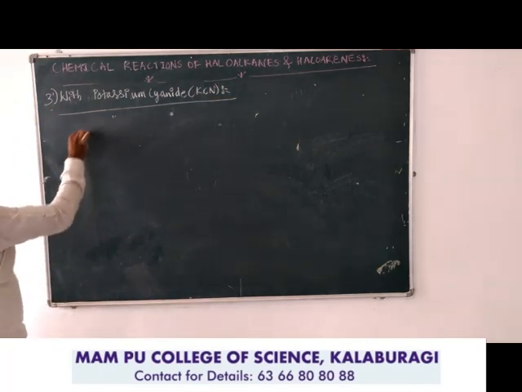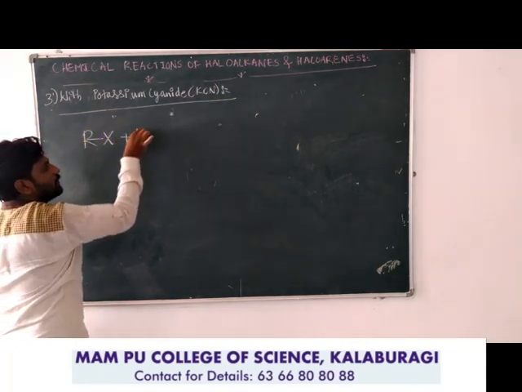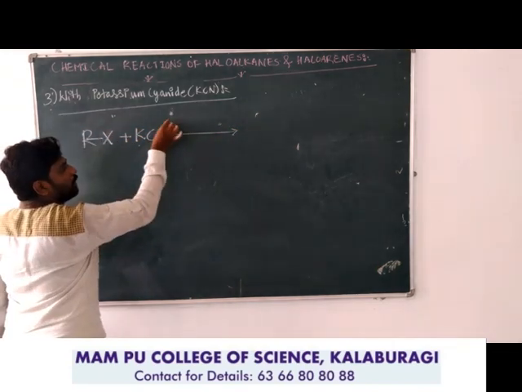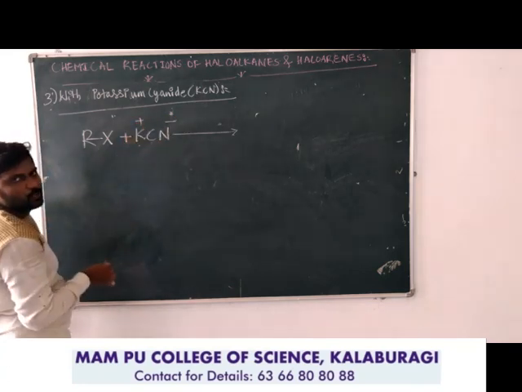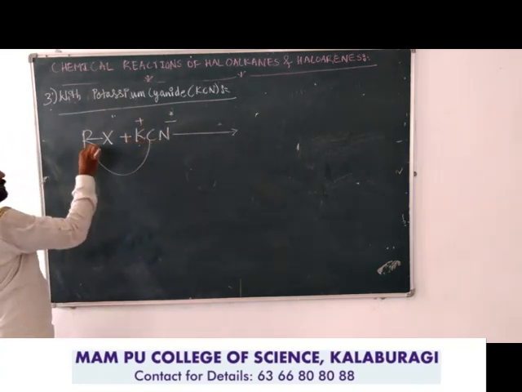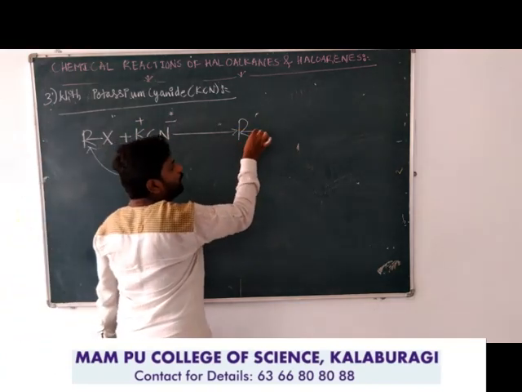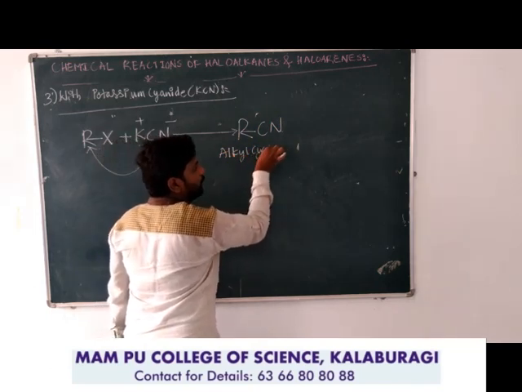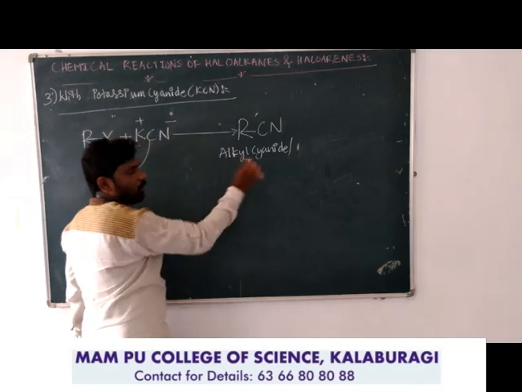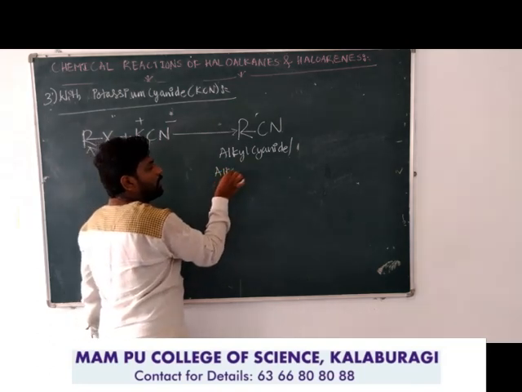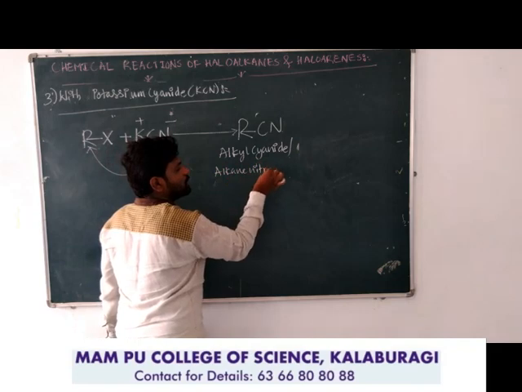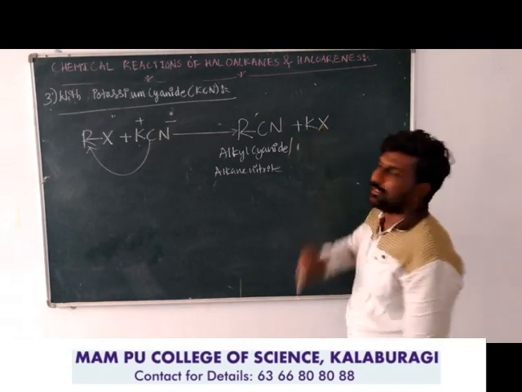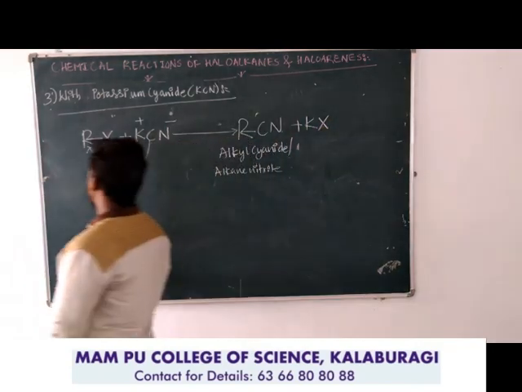See here, when alkyl halide is heated with the potassium cyanide, the carbon atom of the cyanide behaves as the nucleophilic center, so therefore it attacks the alkyl part, and the product is alkyl cyanide, that is the common name, or alkane nitrile, and this is the IUPAC name. Plus the byproduct is KX.